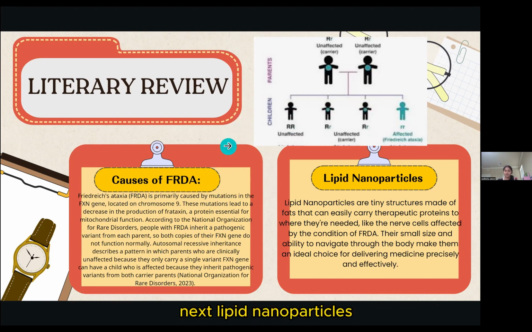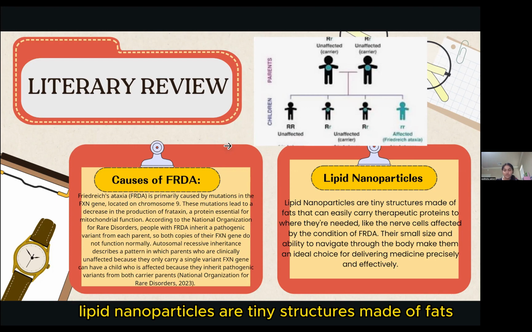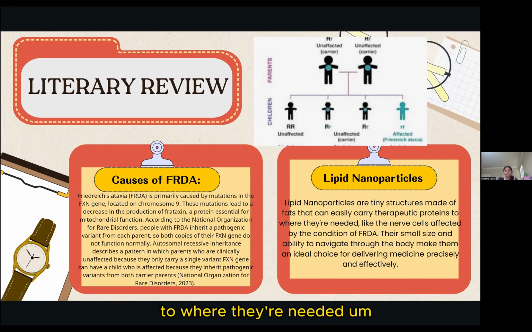Next, lipid nanoparticles. Lipid nanoparticles are tiny structures made of fats that can easily carry therapeutic proteins to where they're needed. In my case, for example, the nerve cells, which are affected by the condition of FRDA. The reason why I chose this nanoparticle is because of its small size and its ability to navigate through the body, and that's what makes it an ideal choice for delivering medicine precisely and effectively.